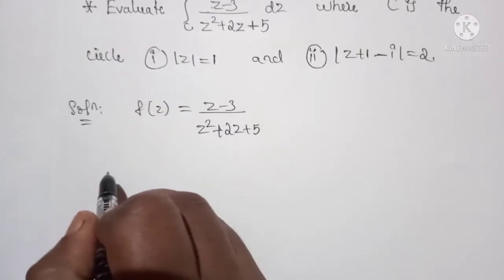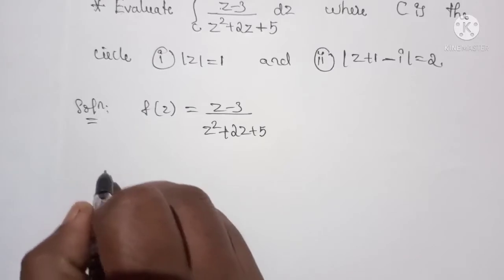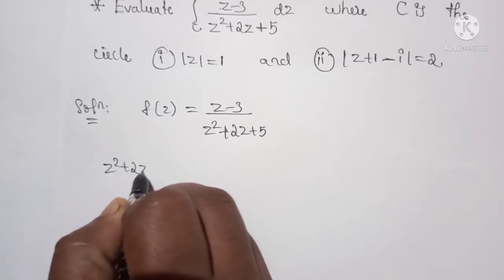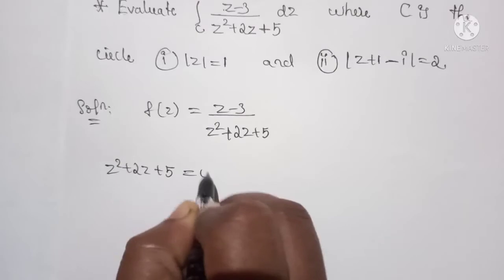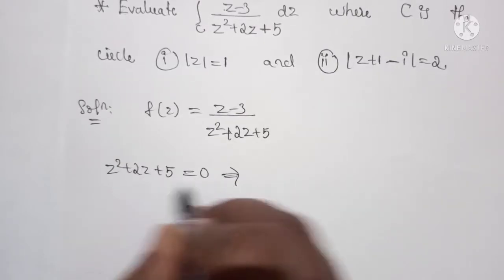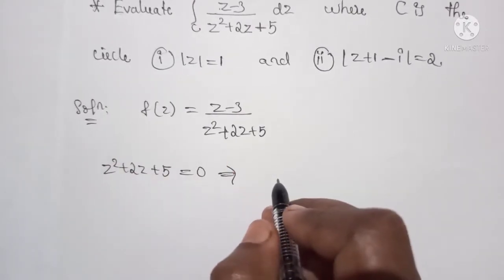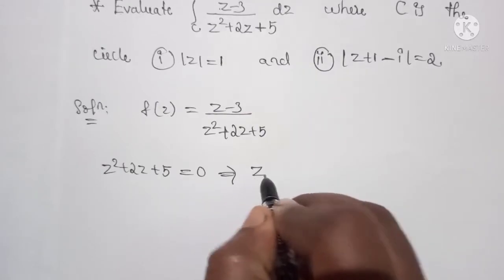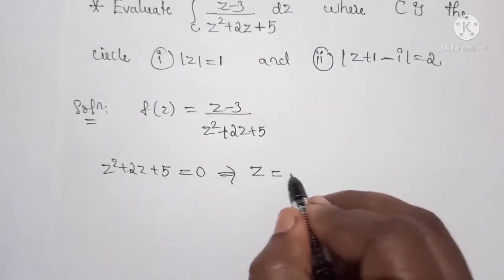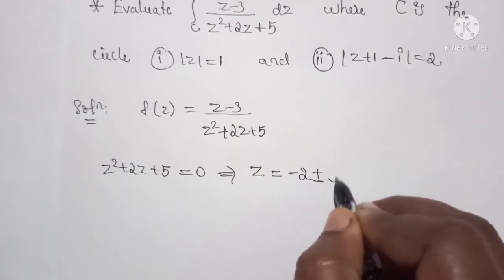Now the denominator, that is z square plus 2z plus 5 equals 0, implies that by using the formula for the quadratic equation, we get z equals minus b, which is minus 2, plus or minus square root of b square minus 4ac.